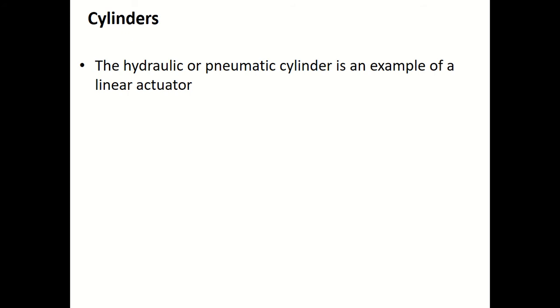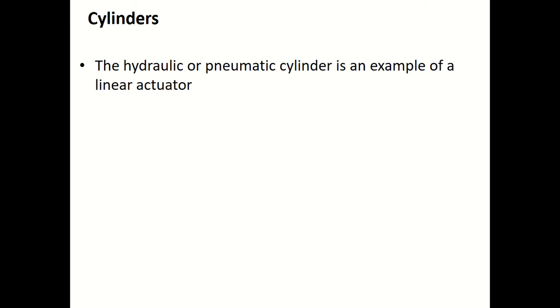And if we look at the principles or the construction, that is the same for both hydraulic and pneumatic versions, and the differences between these two are in terms of the size.